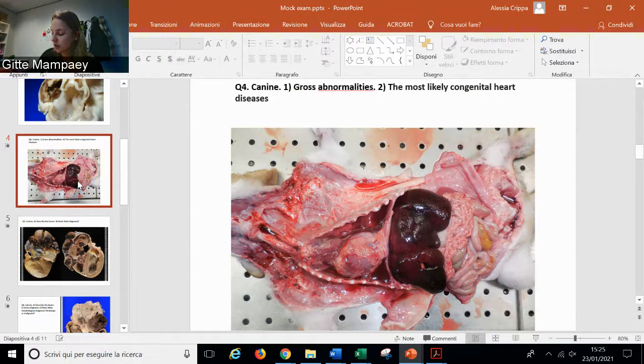So the enlargement of the cardiac silhouette, the fluid in the thorax, so the pleural effusion, the hepatomegaly as well, and the thymus as well, and then the right-sided congestive heart failure because of a congenital disease, and then also differential diagnosis.